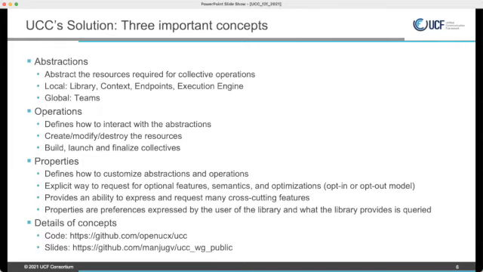Some of the examples are library, context, endpoints, and execution engine. I will go into a bit more detail about this, so you will understand. Then there's a global abstraction, which is teams. Again, I'll talk about this in detail, then it makes sense.